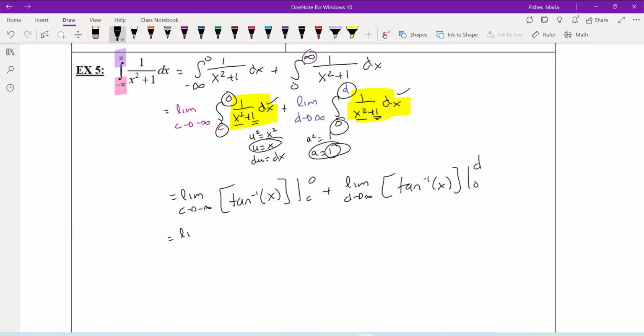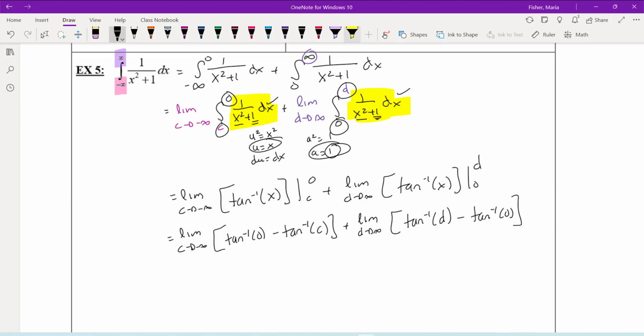If I plug in those limits of integration, I have the inverse tangent of 0 minus the inverse tangent of c, and then plus the limit as d goes to infinity of the inverse tangent of d minus the inverse tangent of 0.